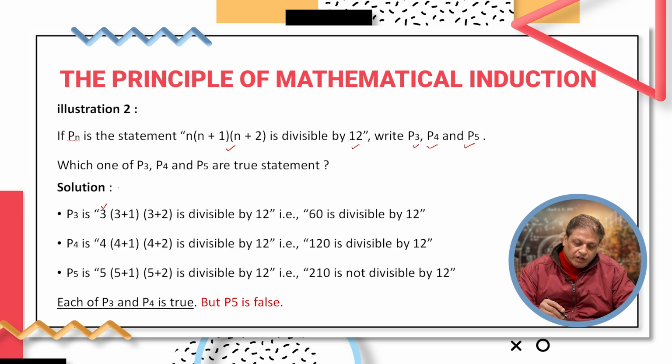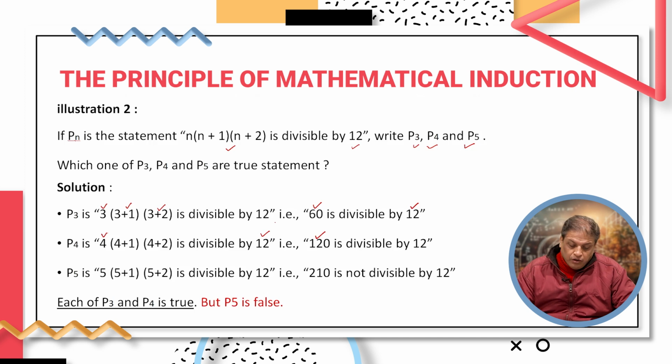Over here it is 3 into 3 plus 1 into 3 plus 2. So 4 into 5 is 20 into 3, that is 60, and 60 is divisible by 12. If we follow the pattern in the same manner and go for P4, P4 will be equal to 120 and it is again divisible by 12.